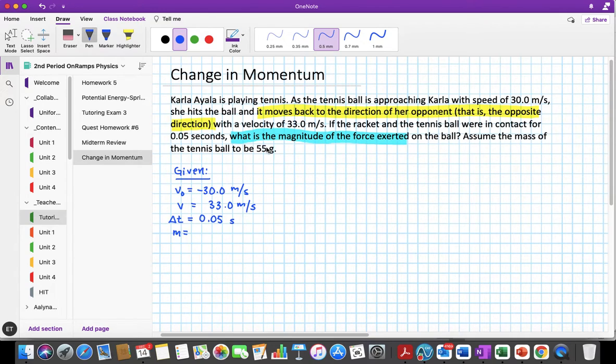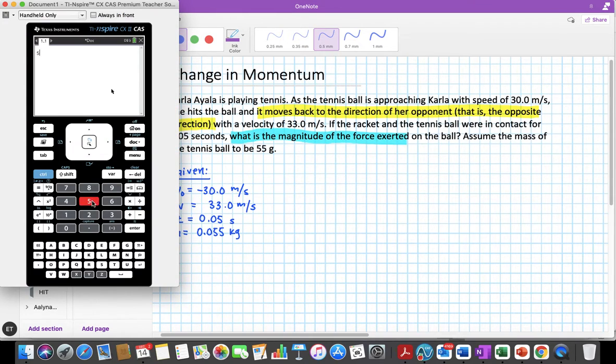Kilo, 1,000, so I moved the decimal point 3 places to the left, right? So 1, 2, and then I add a 0. So it'll be 0.055 kilograms. If you don't believe me, you can check, right? We have 55 grams, and we know that there is 1,000 grams per kilogram. Come on. There you go, 0.055.